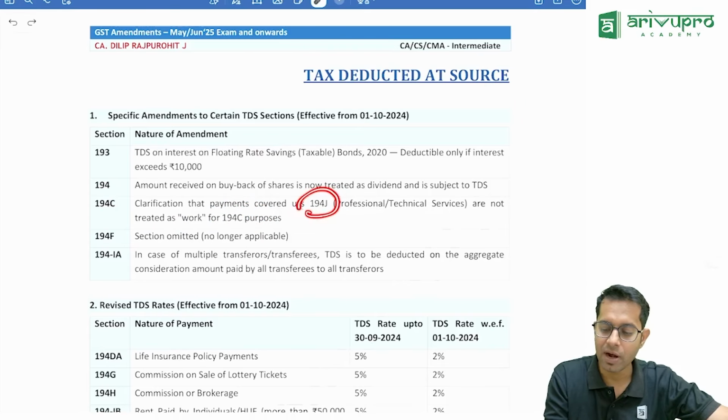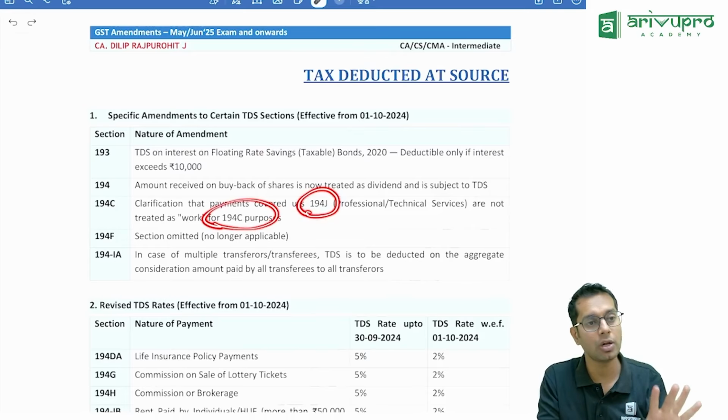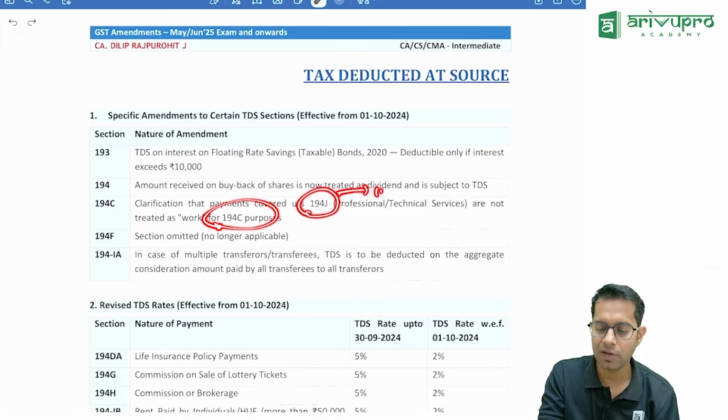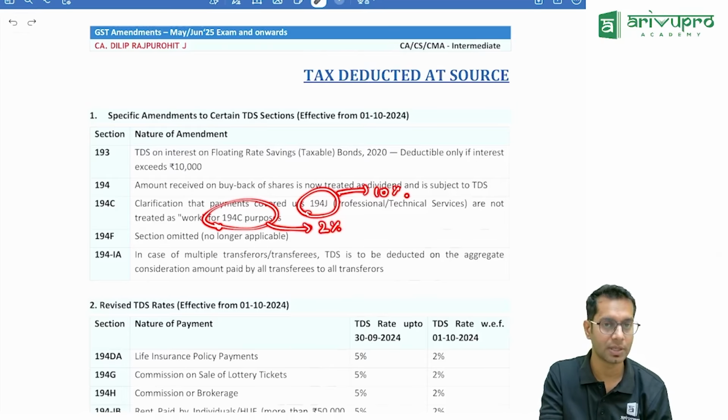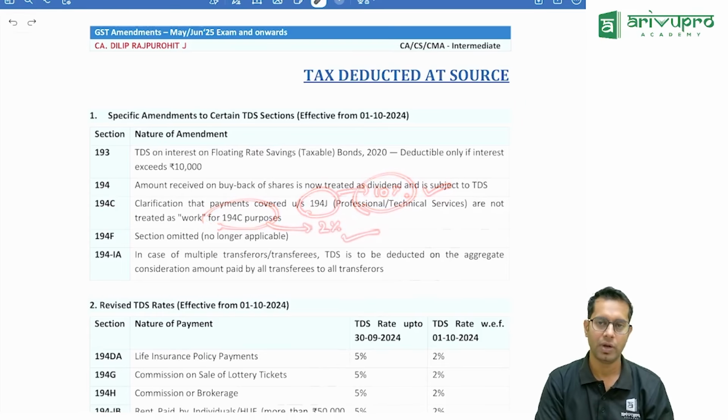Whatever is covered under 194J, 5 items are covered, should not be taken under contract. Because under 194J the TDS rate is 10% and under 194C the TDS rate is only 2%. So many people, instead of deducting 10%, want to deduct only 2%, so they will consider it under 194C.